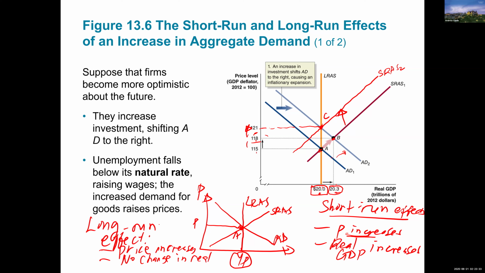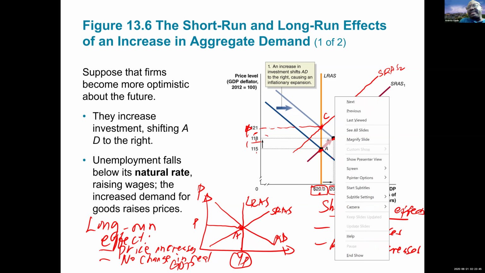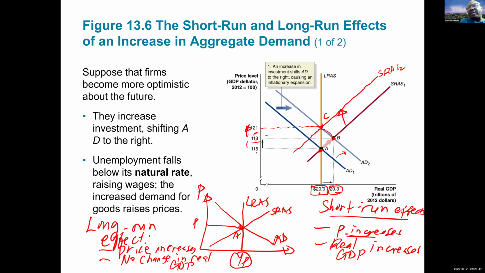So the long run effect of a positive demand shock is that there's no change in real GDP. Why? Because we started from point A, and then the shock hits us, so we only have a short run effect on output. But in the long run, the economy is back to full employment at point C, back on this yellow line, which defines your potential output. So there's no change in GDP in the long run.